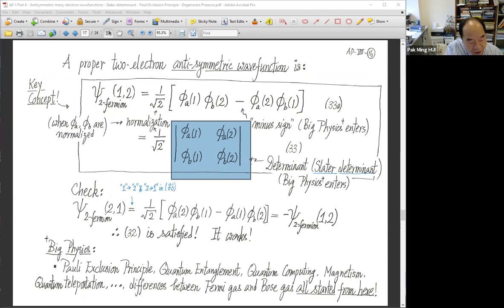It is telling us what to do when we have 3 electrons, 4 electrons, or 8 electrons, or any number of electrons living in the vicinity of each other. Writing it as a determinant also has a lot of advantages because we can make use of simple determinant mathematics.